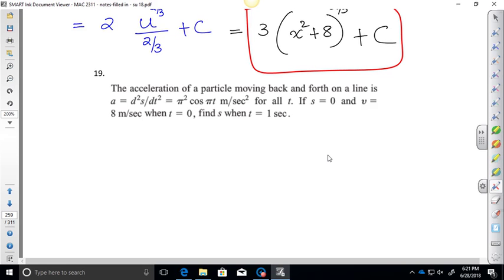Twice. So first I'm going to find v, which is the velocity. Velocity is the integral of a dt, which is the integral of pi squared cosine of pi t dt.